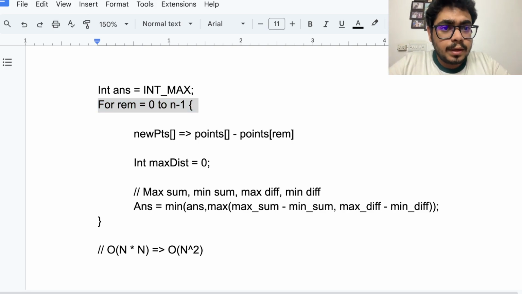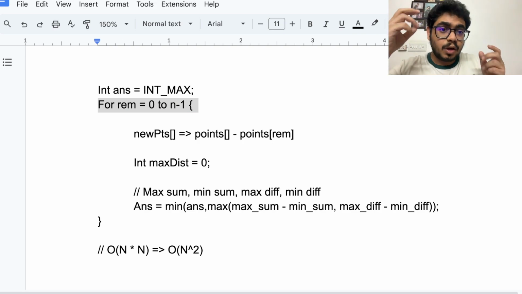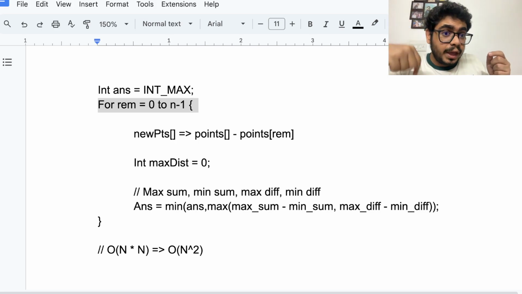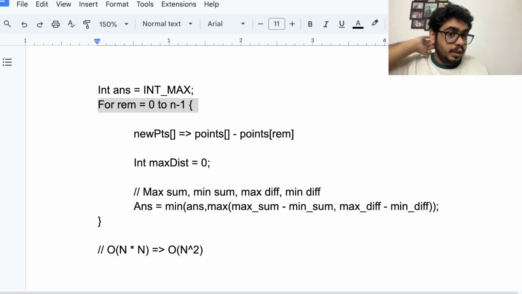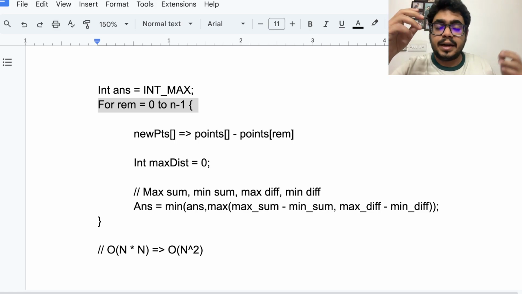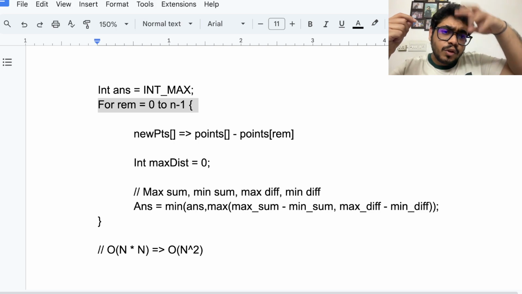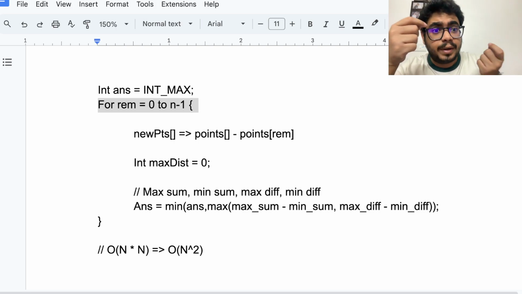Why? Right now, let's say the maximum Manhattan distance is 20, and that is because of some points A and B. So unless you remove A or B, the answer will remain 20, right? Even if you remove other points, these A and B would be intact and our answer will remain 20.